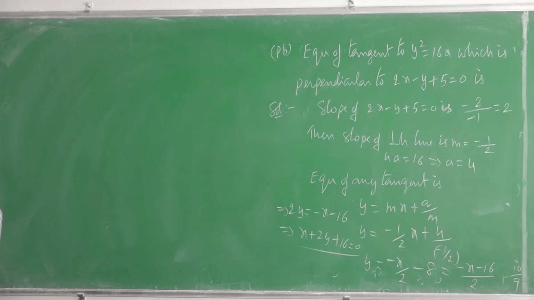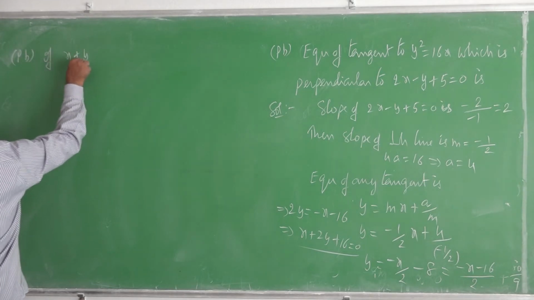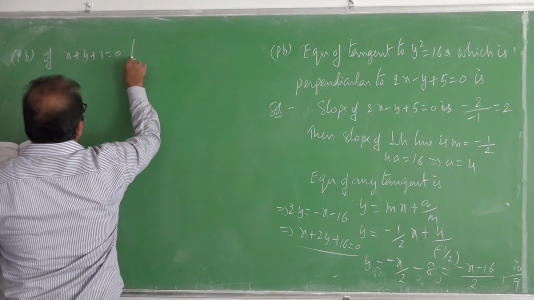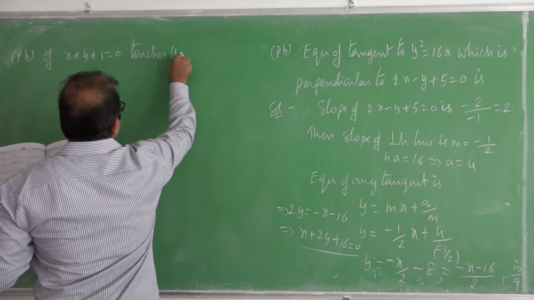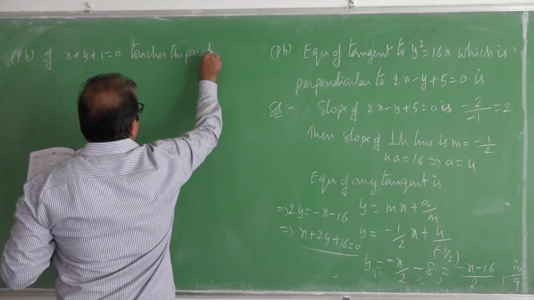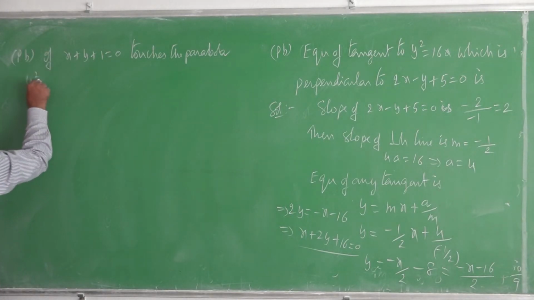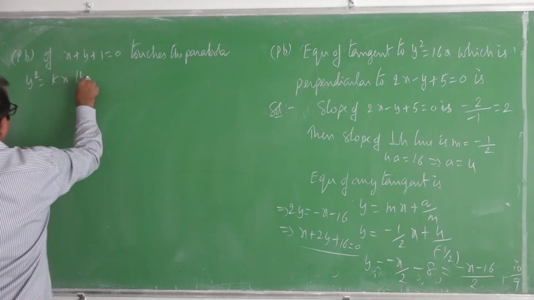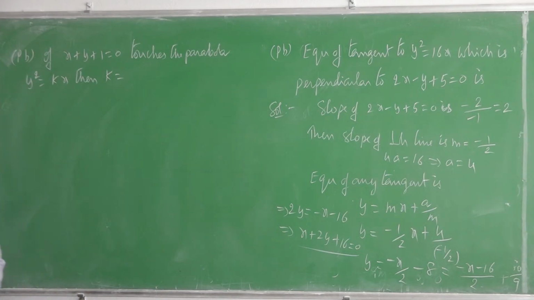Next, if the line x plus y plus 1 is equal to 0 touches the parabola y square is equal to k into x, then find the value of k.